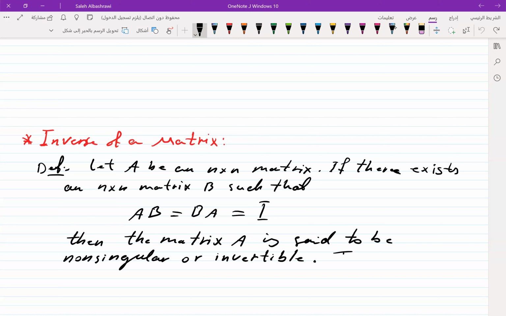And the matrix B is called the inverse of the matrix A.